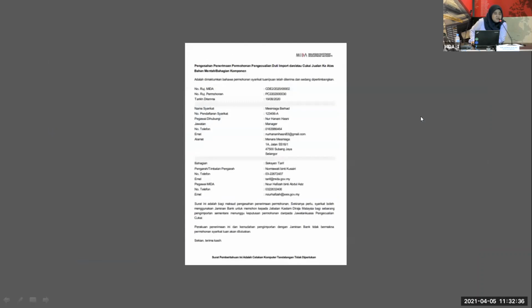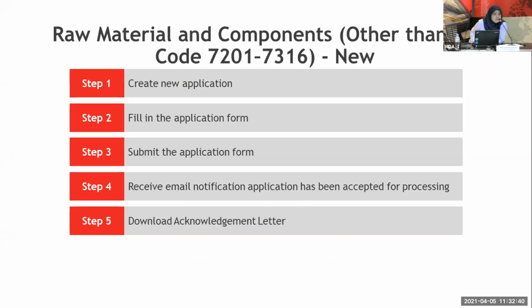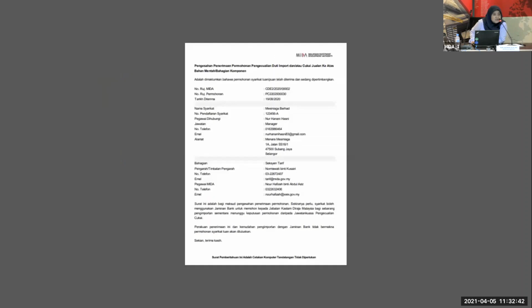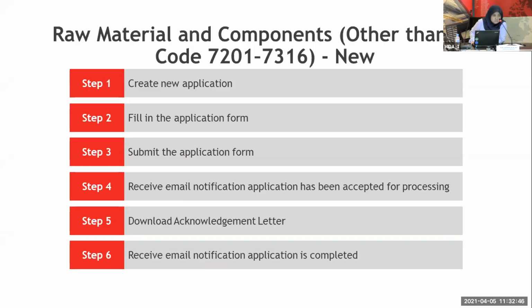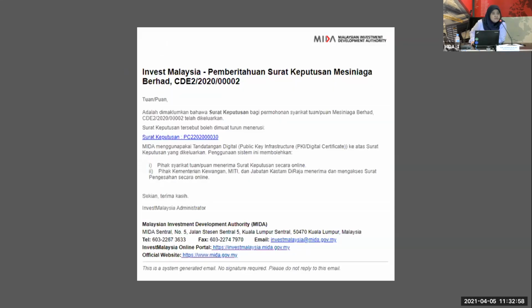So when you click on the acknowledgement letter button, you can download the acknowledgement letter. Then Tariff will accordingly process the application. If your application has been completed, you will receive an email notification saying that your application is completed.